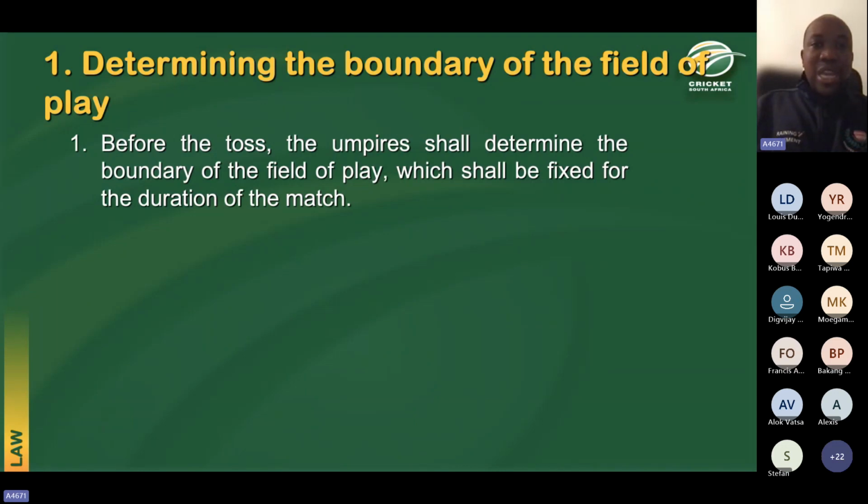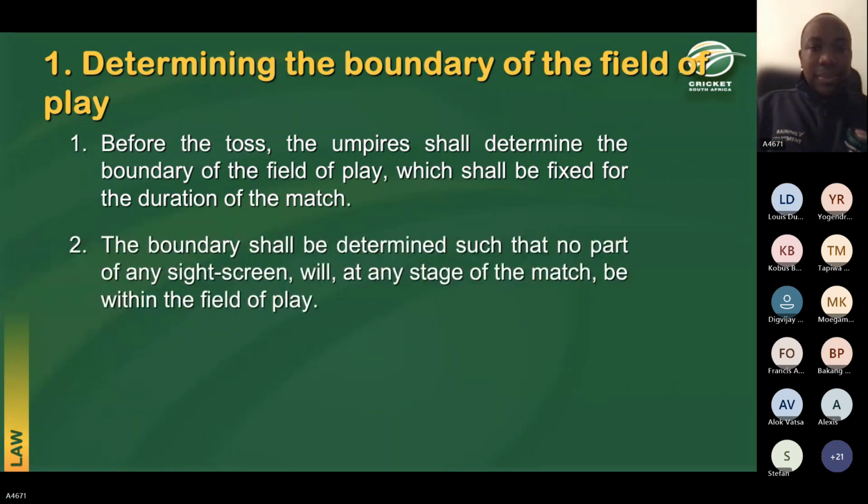Maybe there's a tree, or maybe there's a rugby pole or a set of rugby poles inside the field of play. So we need to determine the boundary and also what happens with any fixed objects inside the field of play. And very importantly, we need to discuss all of this with the captains at the toss.